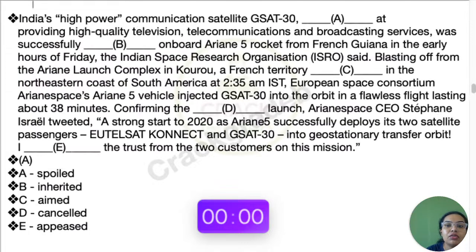Now we are going to do this, which is a cloze test. So all five blanks together, and then all five blanks I'll explain in one go. Okay, so please start doing it. Make it a habit to give it a rough reading. तो आप एक जल्दी से rough reading दो पहले and then you start doing it.